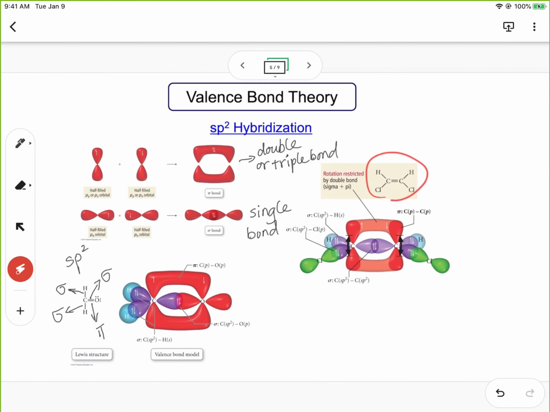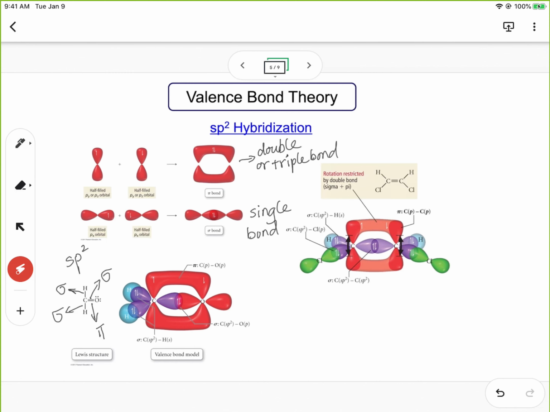In this example, both carbon centers have 3 electron groups, 2 single bonds and 1 double bond. Now when you talk about this double bond between 2 carbons, again, you see a sigma bond and a pi bond. What happens here is you have 2 identical carbon atoms.